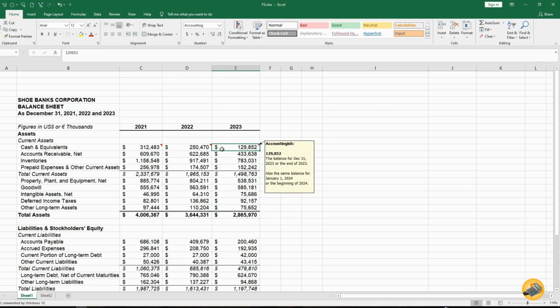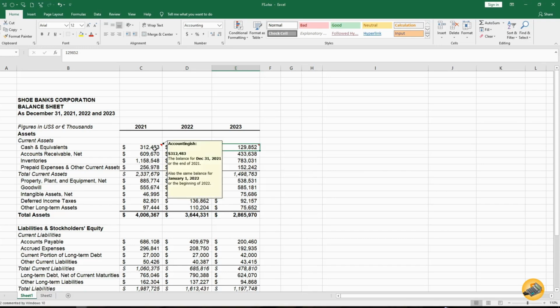At the beginning of 2023, the balance for cash is 250,470. But at the end of 2023, December 31, 2023, the balance for cash and cash equivalents is now just 129,852. I hope you're able to follow.